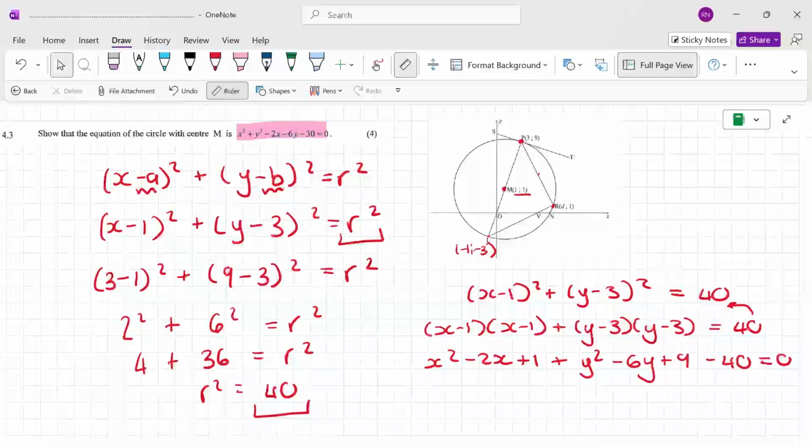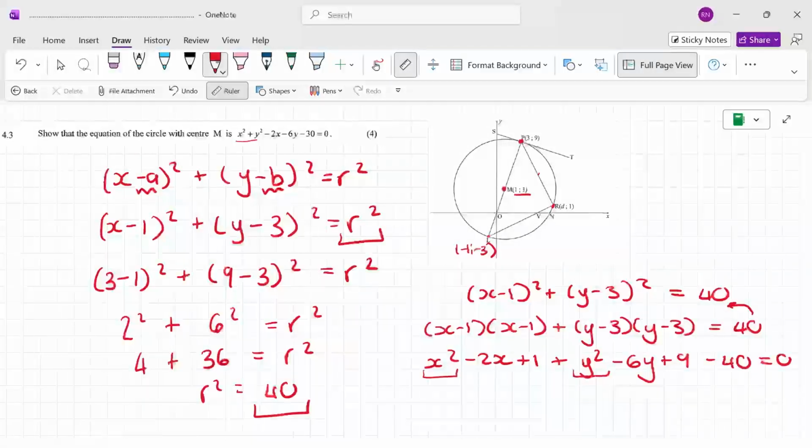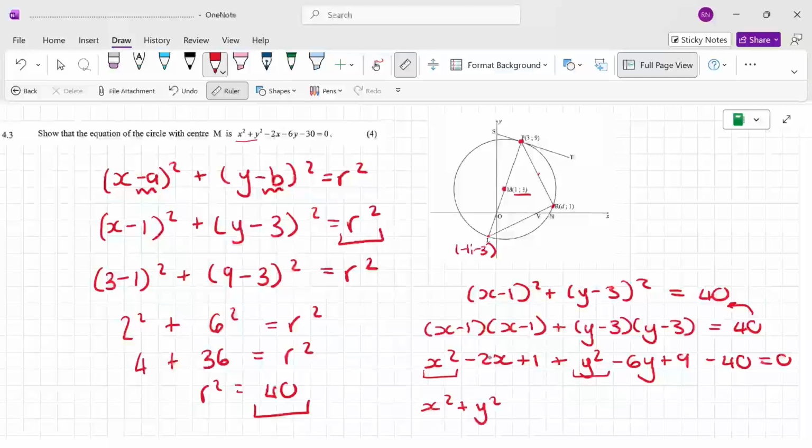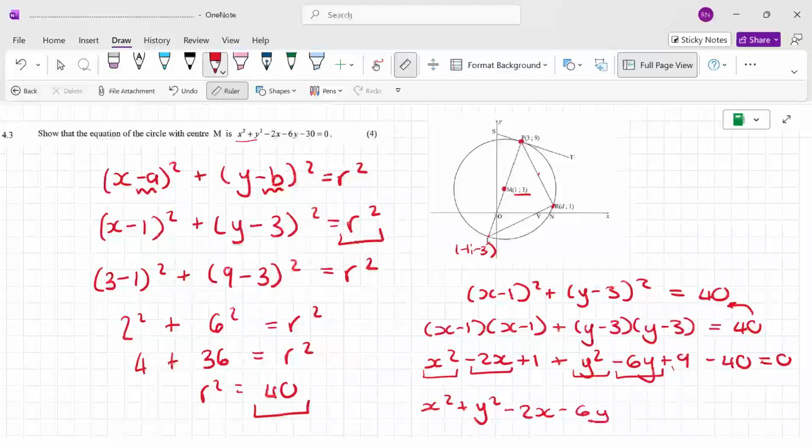And then now I can see in this one that they wanted me to write x and y. We have x squared and y squared next to each other. So I'm going to move x squared and y squared to be with each other. So x squared plus y squared. Then I have minus 2x and minus 6y after that. So minus 2x minus 6y. And then 9 minus 40.